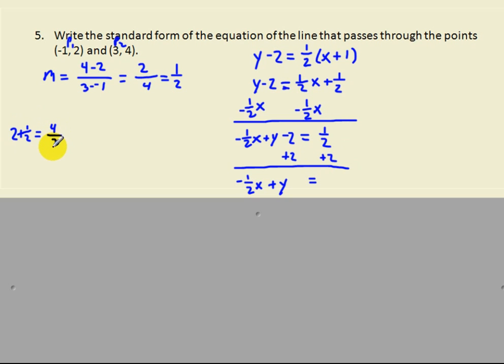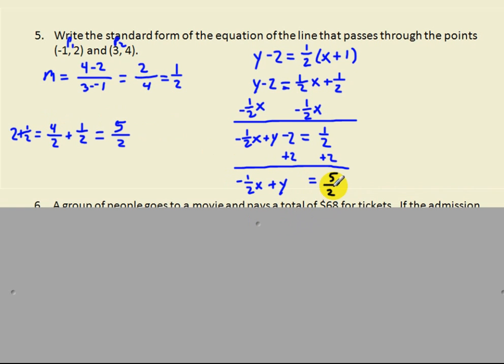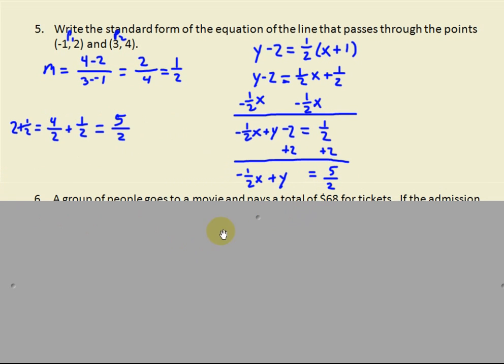So we could write that as 4 over 2 plus 1/2. We have our common denominator, we'll keep that. 4 plus 1 is 5. So we have negative 1/2 x plus y is equal to 5/2, which is generally what we'd prefer to see here. Go ahead and leave it as a fraction, even if it's an improper fraction.